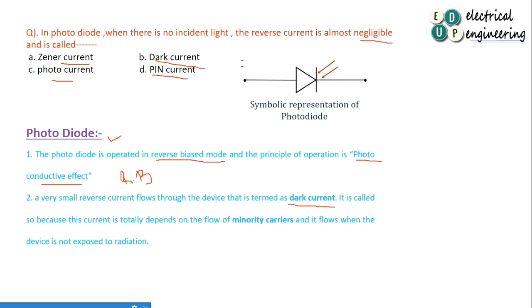It is called dark current because this current totally depends upon the flow of the minority carriers. It flows when the device is not exposed to radiation, that means when light is not incident to the diode. So in this question, the answer is dark current, which is option B.